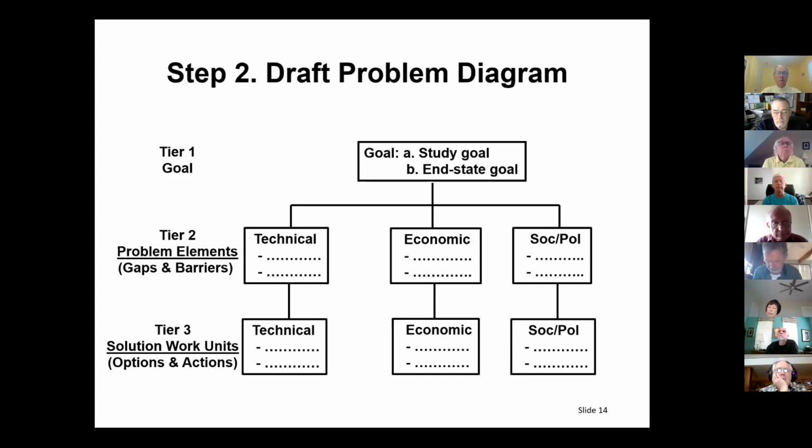So as we mentioned before, we start off with the goals, the study goal and an end state goal. So the study goal is what the problem-solving team hopes to accomplish through their effort. The end state goal answers the question, well, if we accomplish that study goal, so what?